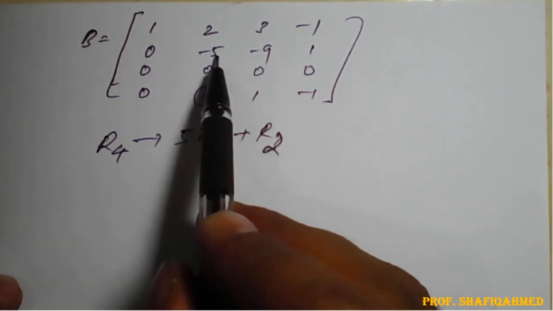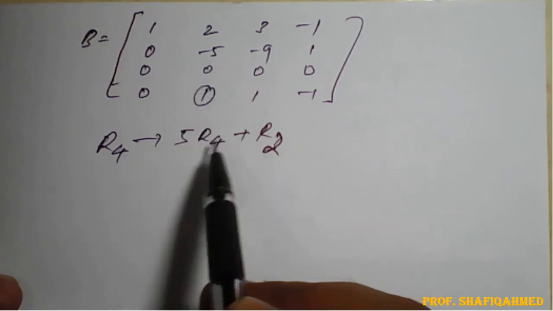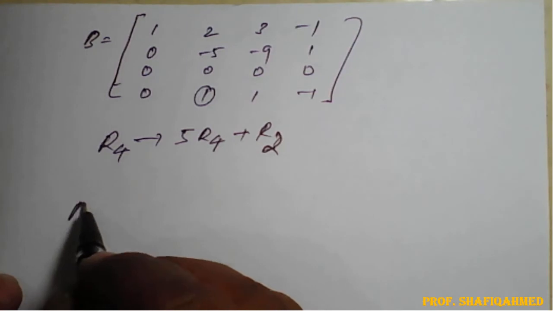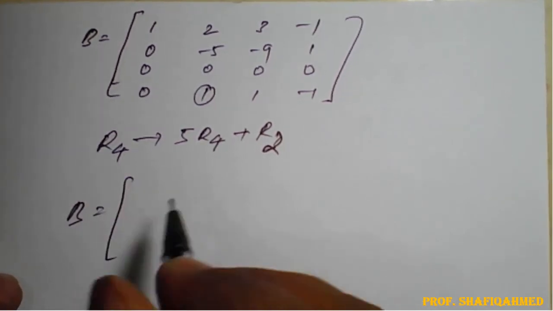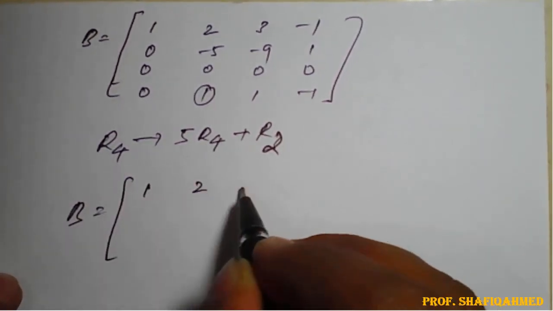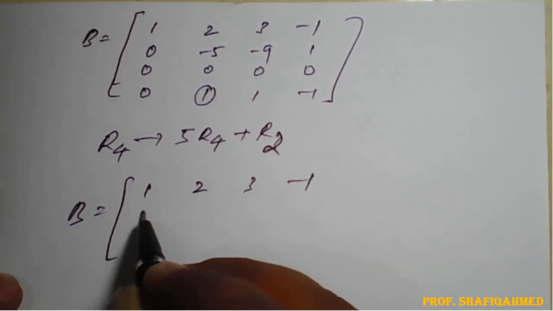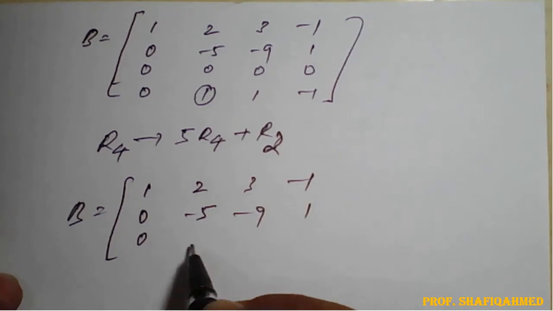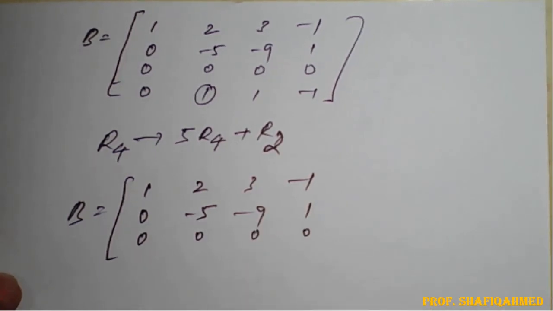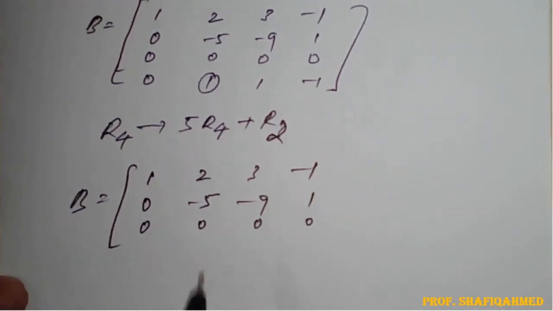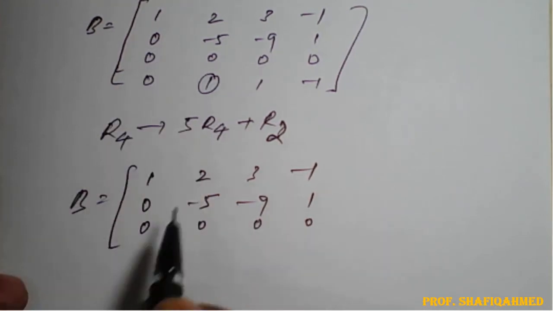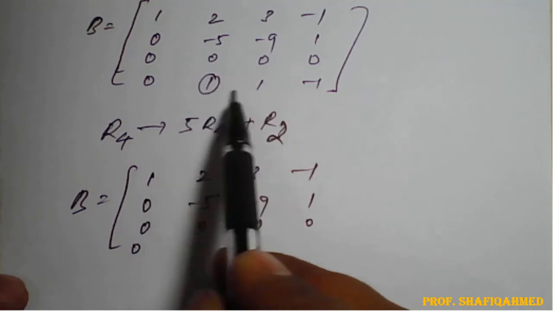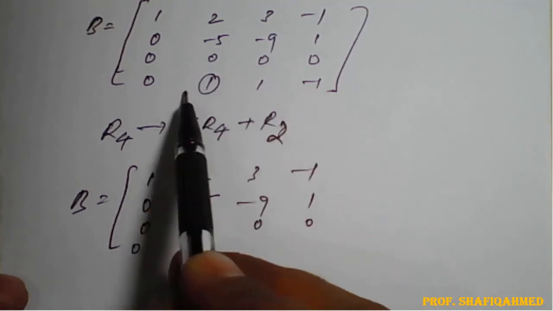So R2 is minus 5, plus into minus is minus, 5 minus 5 is 0. So the elements of matrix B will be 1, 2, 3, minus 1, 0, minus 5, minus 9, 1. The third row is completely 0 as it is. We are operating only on row number 4. So 0, 0 becomes 0. Then 5 times R4, we multiply this row completely by 5.